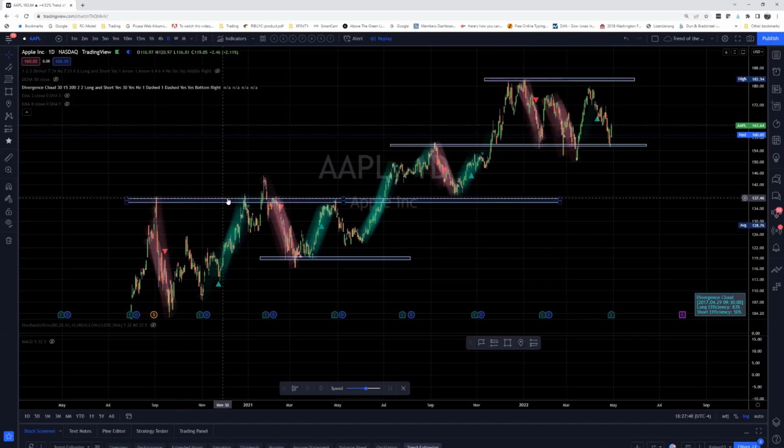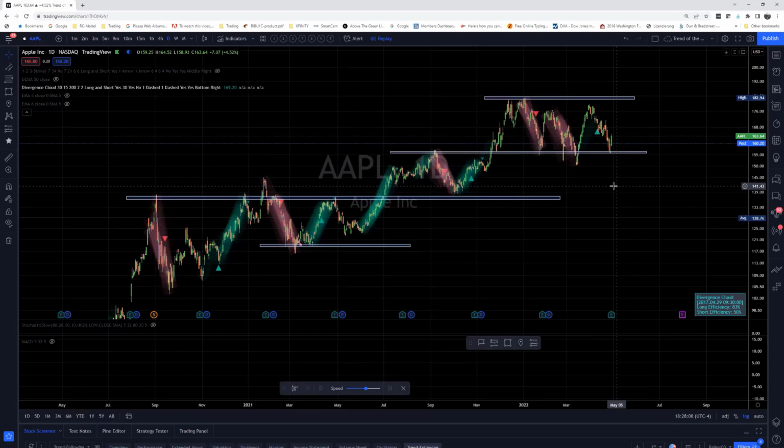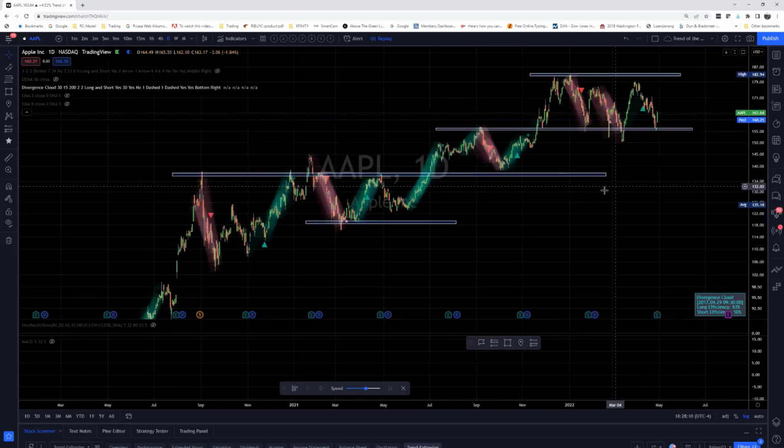You connect the pivots. This is a pivot here. This is a pivot. This is a pivot. This is a pivot. And you connect them, and you will find out very fast that the stock always somehow comes back to the same pivots. And that's very important, because what they do is they give you a clearer view on how far you can go and where the stock could run.